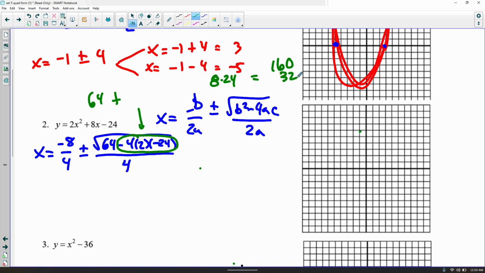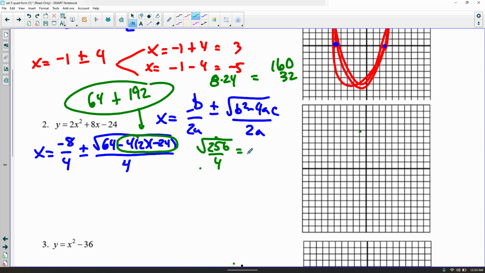Can you put 160 and 32 together? 192. Anybody know what 192 plus 64 is? Take 8 away from 64 is all you need to do. 256 is correct. This is the square root of 256 over 4.